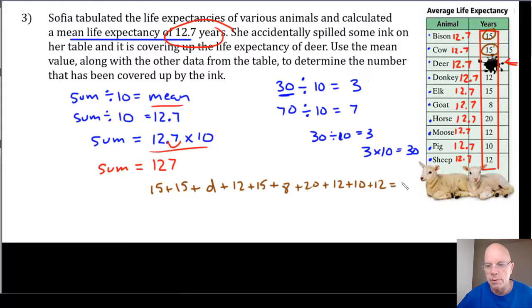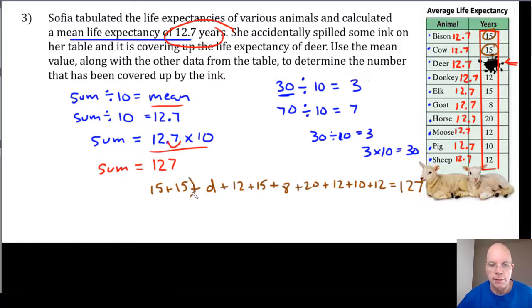And we know that sum should equal 127. Let me just count these to make sure I really have 10 add-ins here. 1, 2, 3, 4, 5, 6, 7, 8, 9, 10. It's always a good habit, with such a long list, to count them to check that you're accurate.